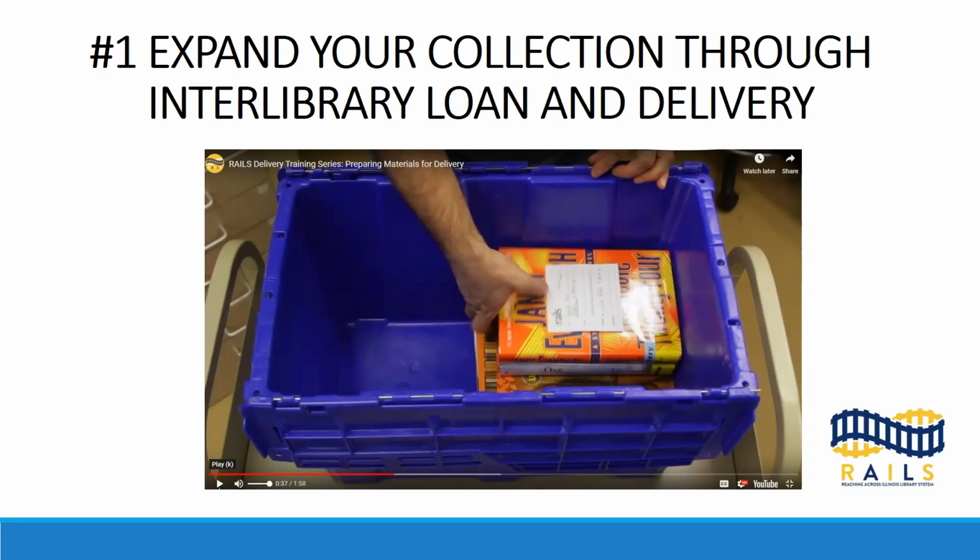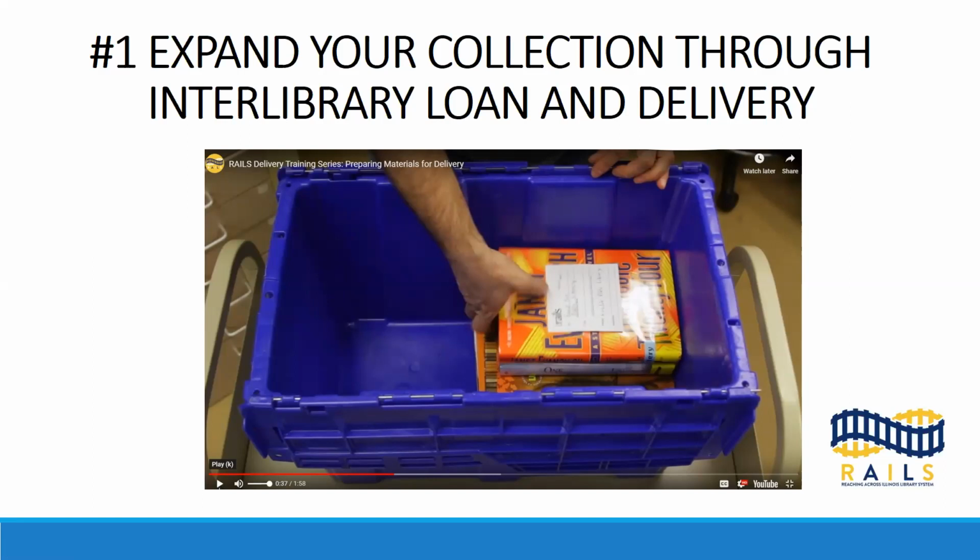If you want to know more about how to do interlibrary loan outside of like RSA or other shared catalogs, you can look at the Rails website. We have an interlibrary loan page, which includes a video talking about using the American Library Association's interlibrary loan request form, which is pretty widely accepted from libraries within our community. You could also find out more about resources such as Find More Illinois, which is one of our ILL facilitation tools that works a little bit like OCLC.